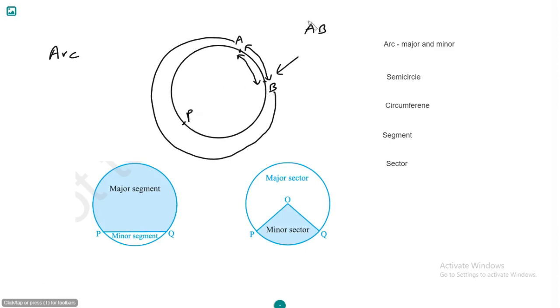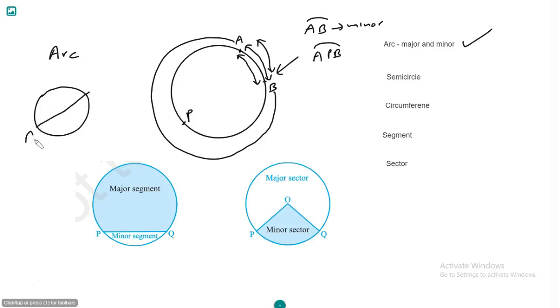Arc AB, if you look at it this way, is a minor arc of the circle, and arc APB is a major arc of the circle. So that's minor and major arc. Now if you choose 2 points A and B such that they are the ends of a diameter, then these 2 arcs become semicircles, right?